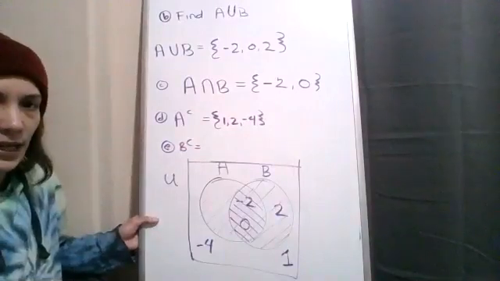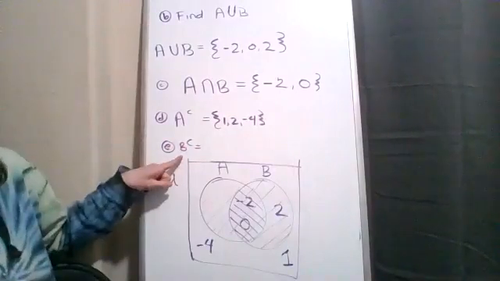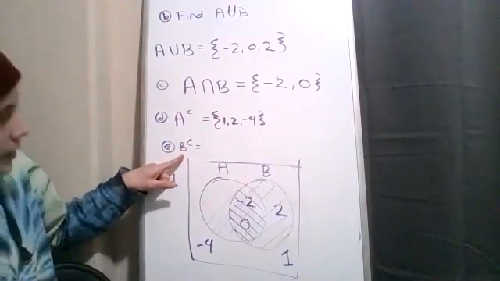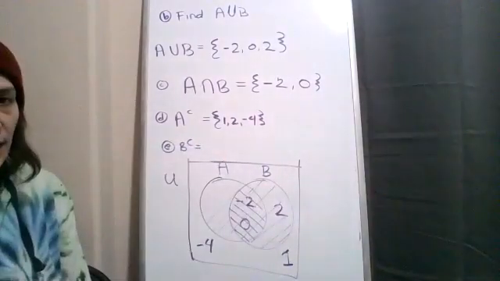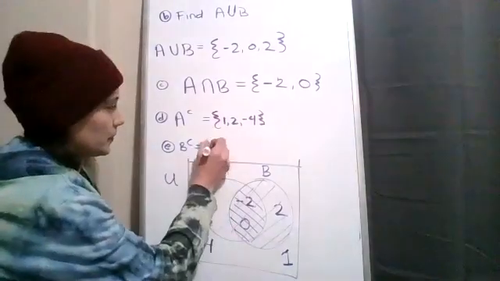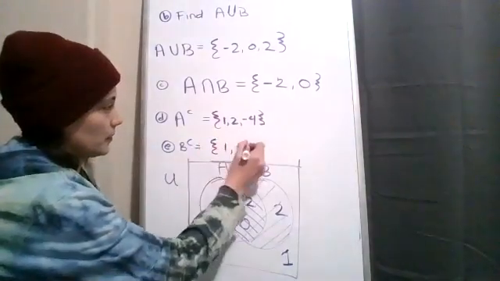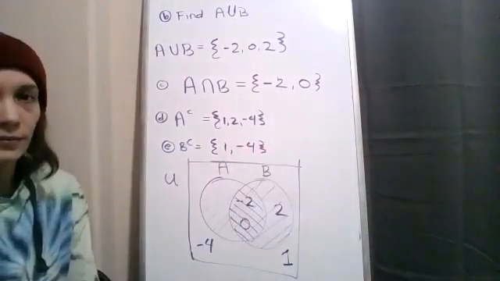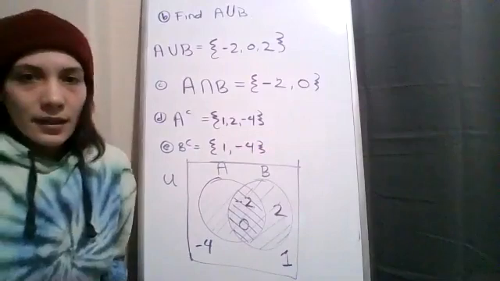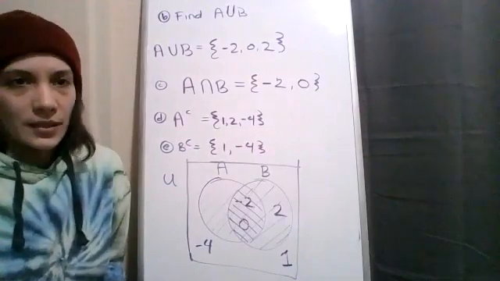Okay, and everything that is not in set B for B complement. So the elements 1 and -4. Any questions?